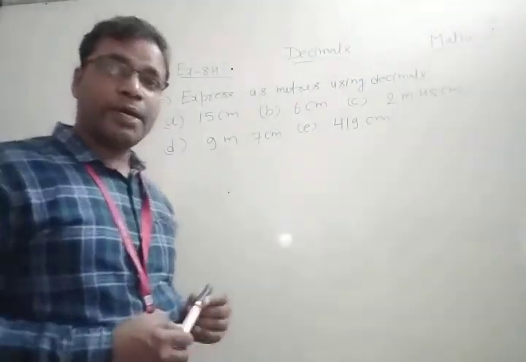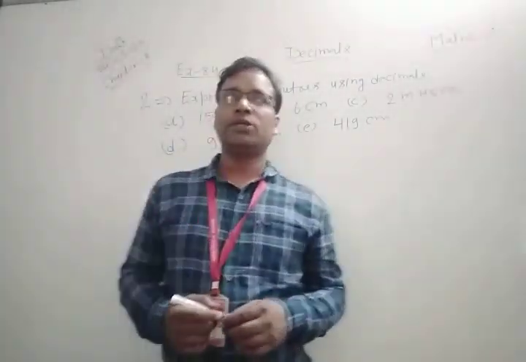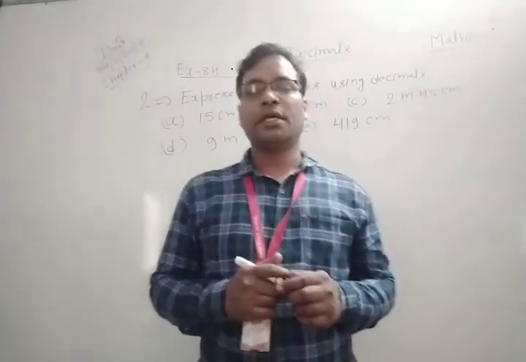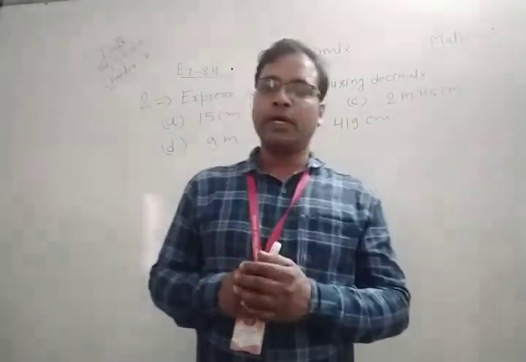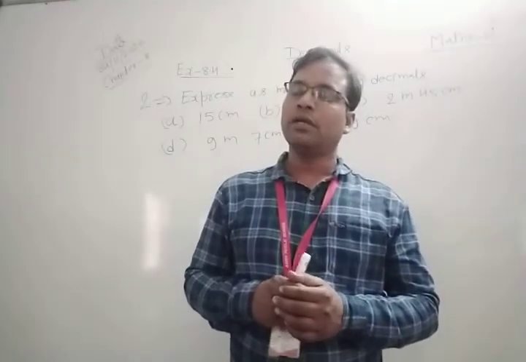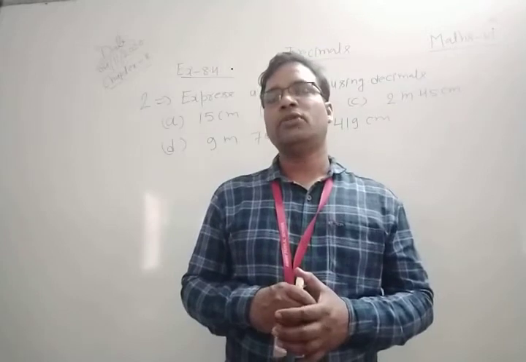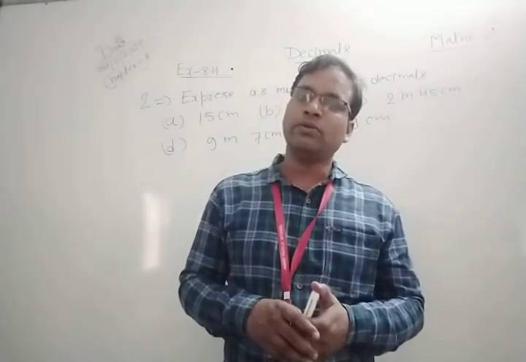For this, first we need to know the relation between meter and centimeter. You know very well, 1 meter is equal to 100 centimeters, or you can say 100 centimeter is equal to 1 meter.